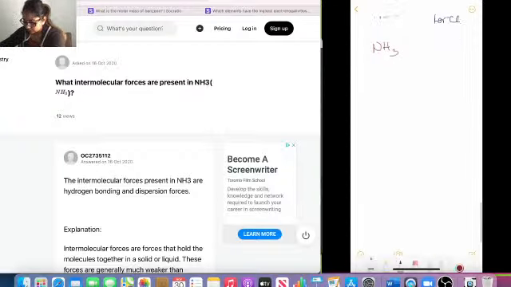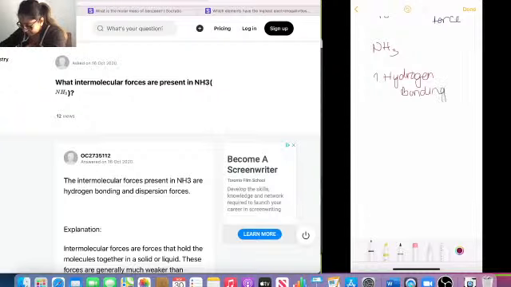And so we can basically state that it has hydrogen bonding, because hydrogen bonds are formed between nitrogen, oxygen, and fluorine. In this case, we do have hydrogen bonds, and this is also due to the difference between their electronegativities, which makes the molecule polar.